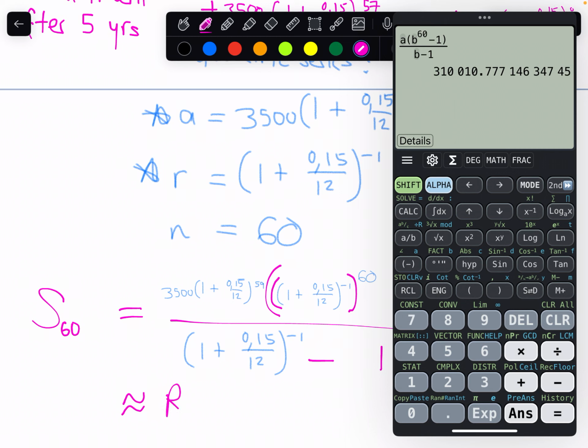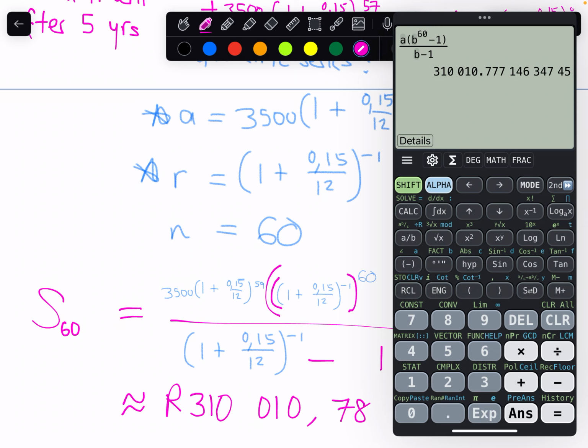around 310,010 rand and 78 cents. So that's what the first investment will give us, and it's okay for us to move on with this rounded figure because technically the investment is not going to give us 310,010.7777 rand.